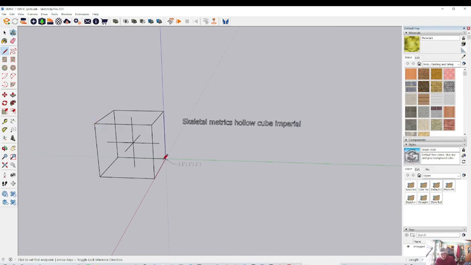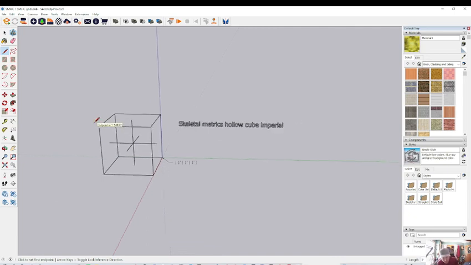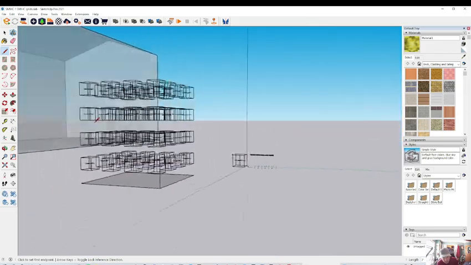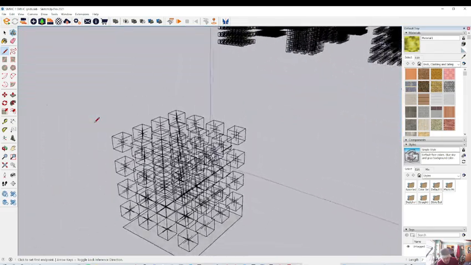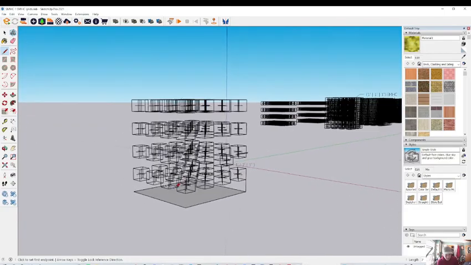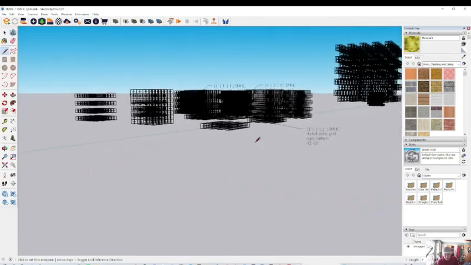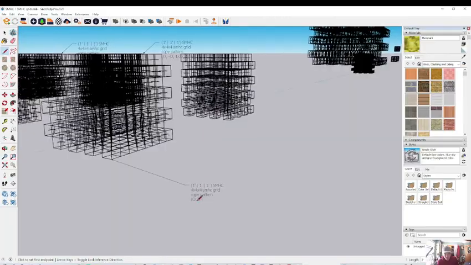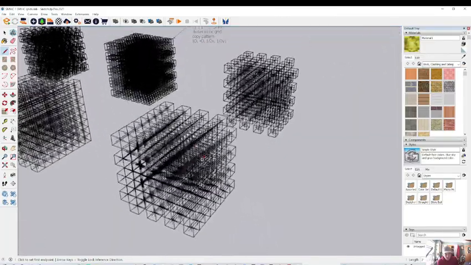So if I take this cube and copy it to the opposite origin, that's what I get. What I did is I utilized this base grid here, that is 4 by 4 by 4, and then I copied it to origin and minus origin, and it created this grid here.